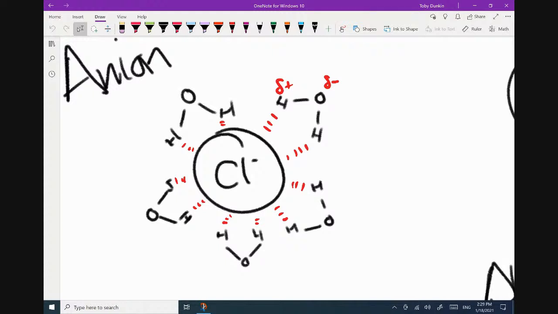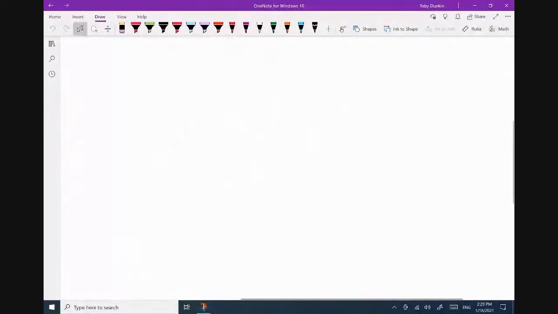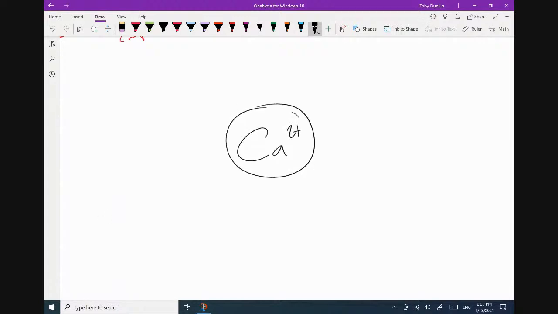Just to mention that a calcium ion is a small ion, highly charged, with high charge density. This actually doesn't just form bonds directly to water molecules in a single layer.